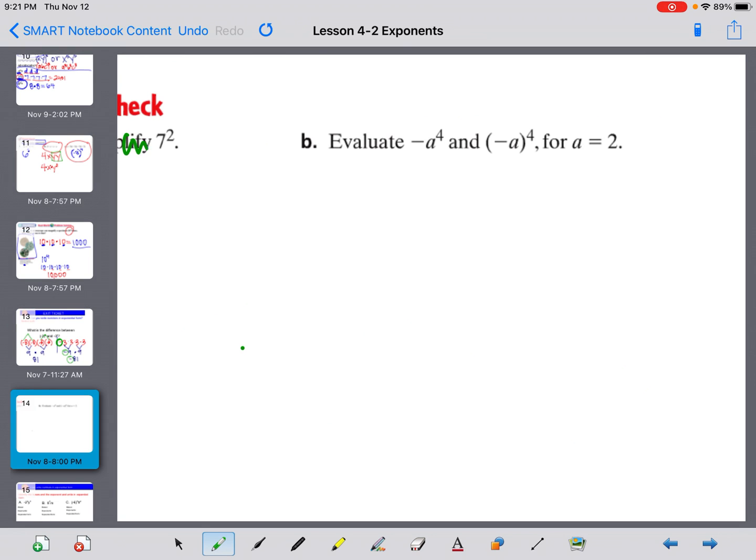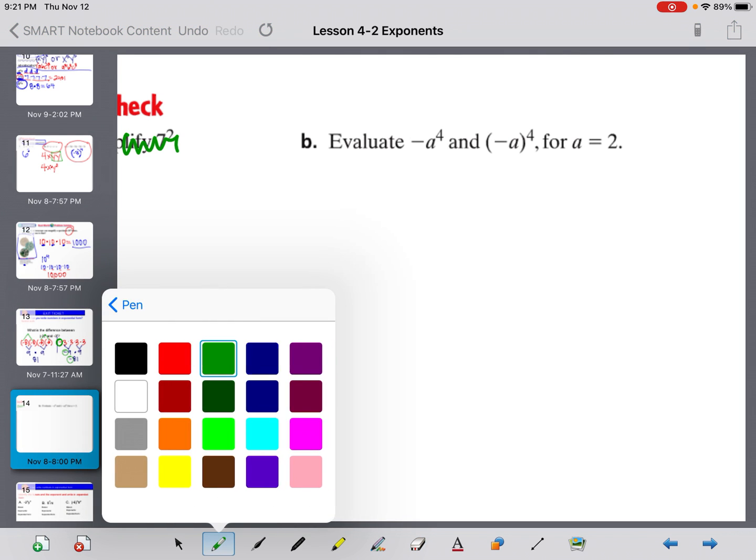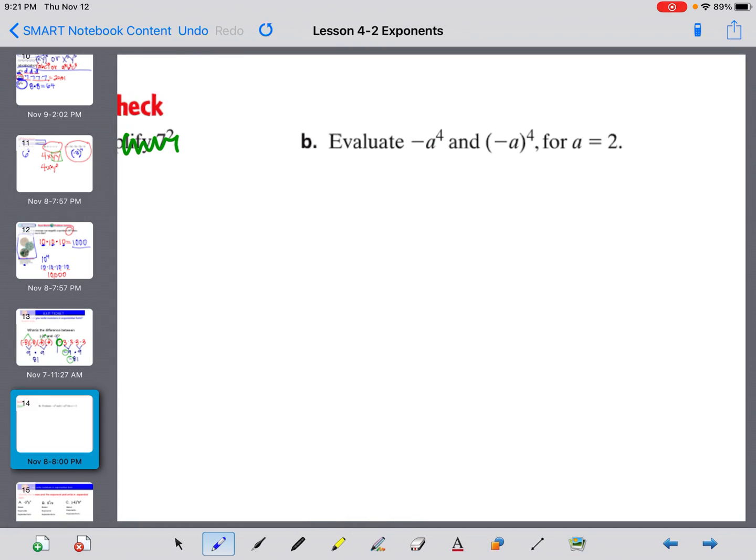So, last one, use this information to find the difference when A is 2. Ready, go. Pause. Okay, I'm going to substitute A for 2. There's one option. There's the other option.